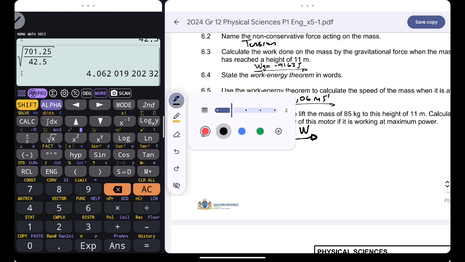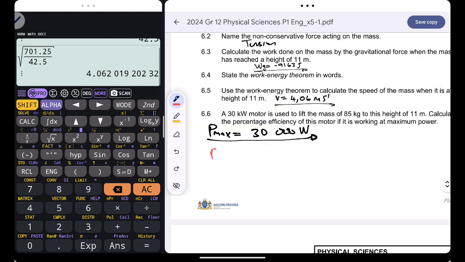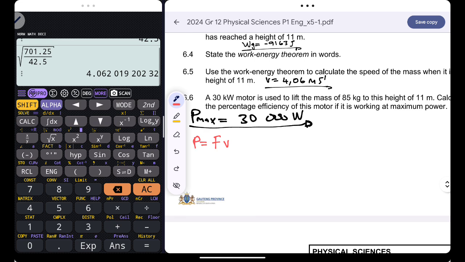Okay, I know that power is equal to F multiplied by average velocity. But for me to find the power, I just need to find the force that is applied by the motor. Remember that F net is equal to ma.